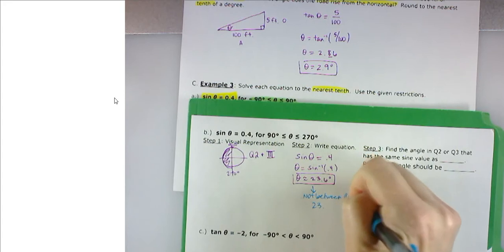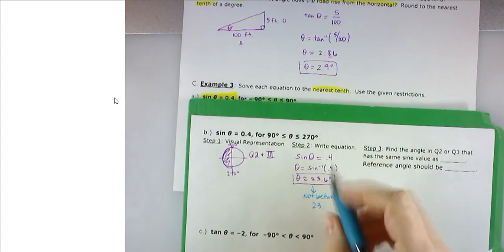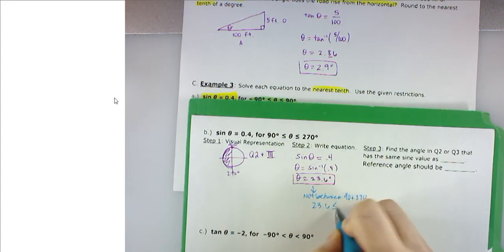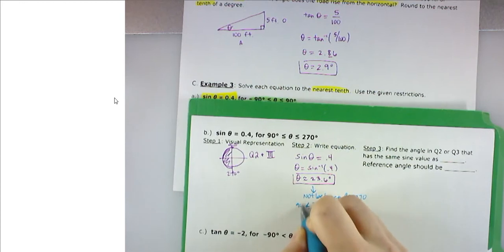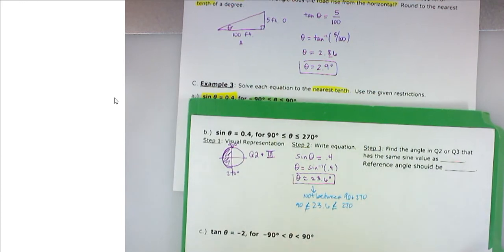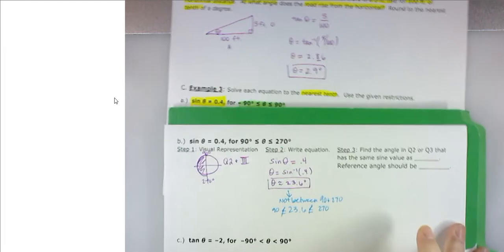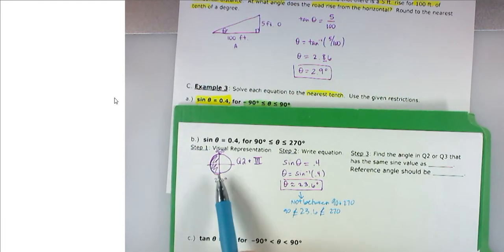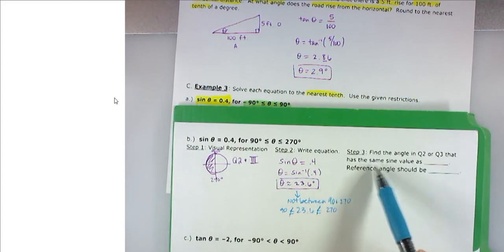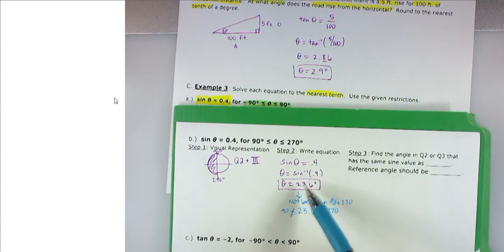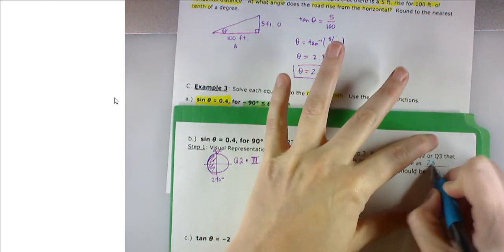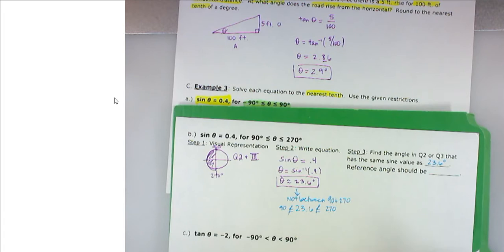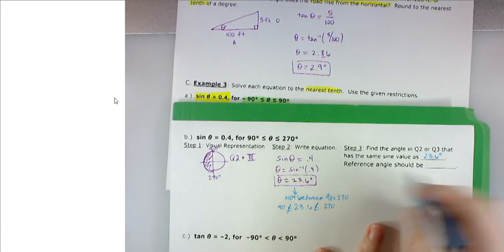So 23.6 is not between 90 and 270. So what we have to do is find the angle in quadrant 2 or 3 that has the same sine value as the 23.6 degrees. And we're going to do that using reference angles. So your reference angle is going to be the 23.6.